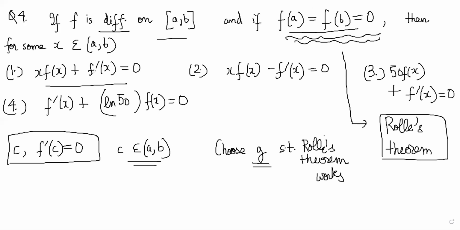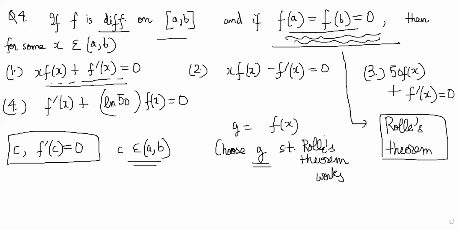When you differentiate g, it should look like one of these options. That is the whole trick here. g will be some combination of the function f of x only, so that g still satisfies these conditions, and you can apply Rolle's theorem on g.